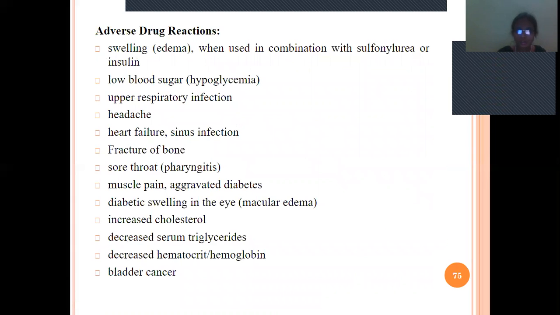Adverse drug reactions are swelling when it is combined with a sulfonylurea or insulin, low blood sugar, upper respiratory tract infections, headache, sinusitis, heart failure, sore throat, muscle pain, bone fracture, and also increased cholesterol level in the body, decreased hemoglobin, and bladder cancer.